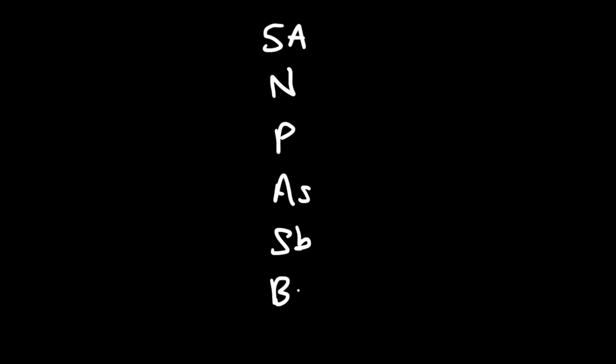Now, to the right of carbon, you have elements in group 5A or group 15. These include nitrogen, phosphorus, arsenic, antimony, and bismuth. Nitrogen and phosphorus typically like to form negative charges, particularly a negative 3 charge.